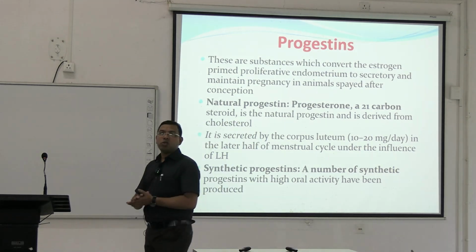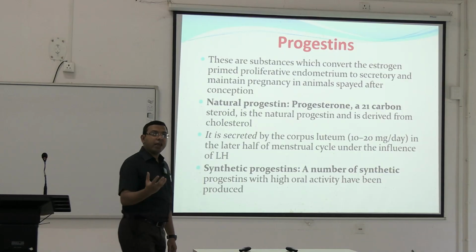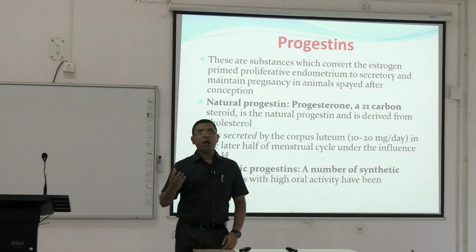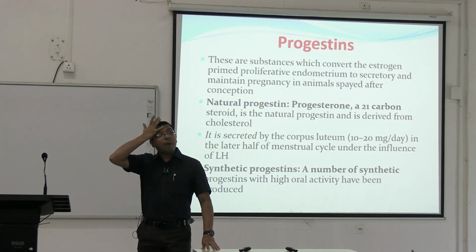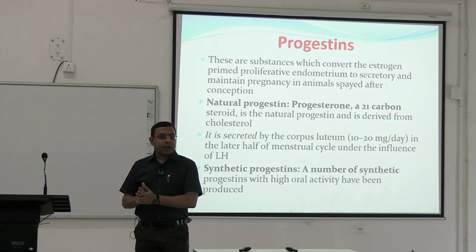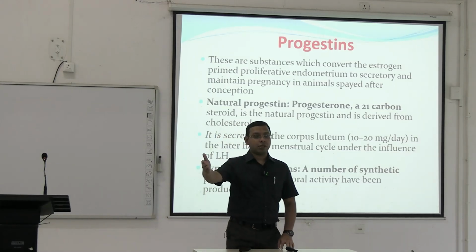The estrogen primed endometrium is basically changed to its secretory pattern by means of progesterone predominance. And at the end of the menstrual cycle, the progesterone level drops and then menstruation happens.